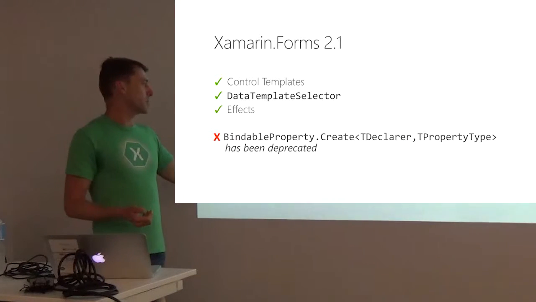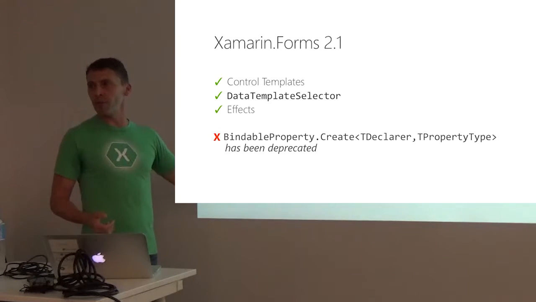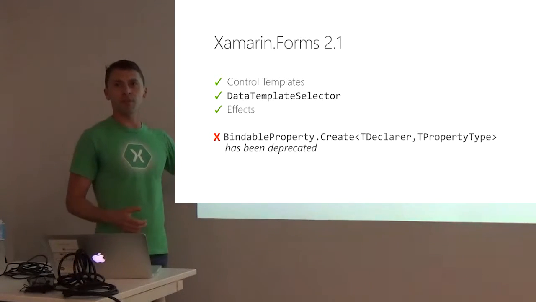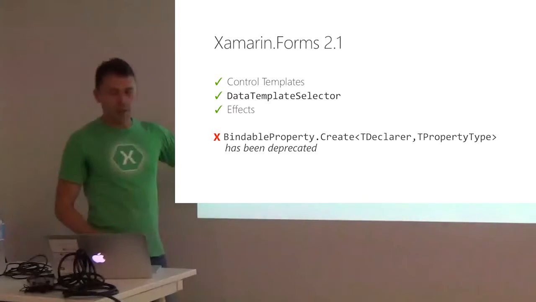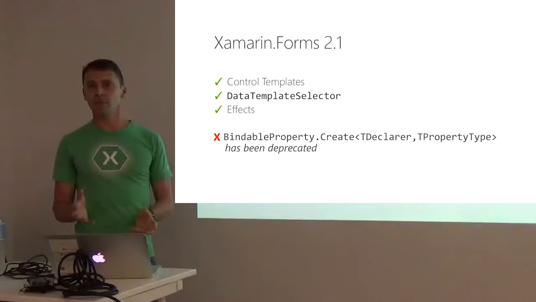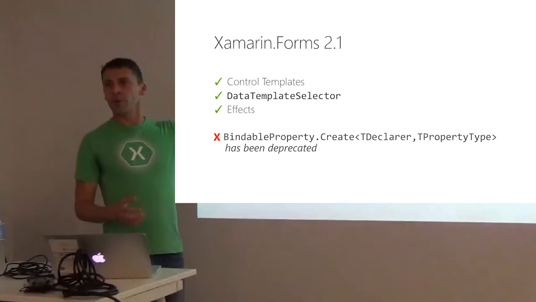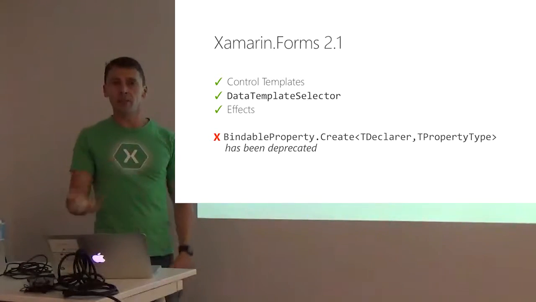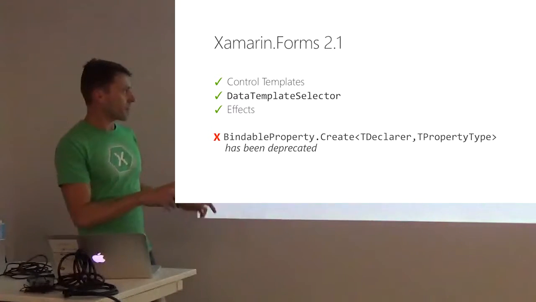I also want to mention a deprecation, because it's probably one of the most common things that people are going to miss when that happens in future. So if you've done any sort of binding stuff in your Xamarin.Forms app, you've probably done BindableProperty.Create. Any of your view models, if anyone's doing MVVM, you've probably used this code.